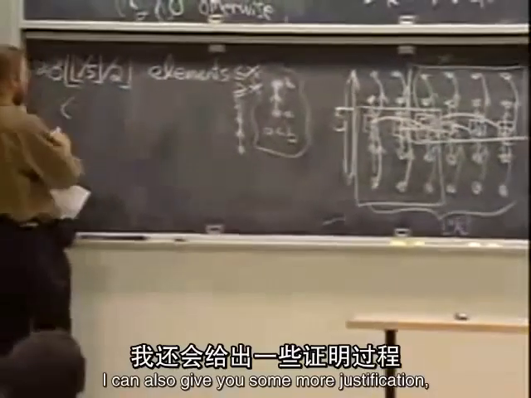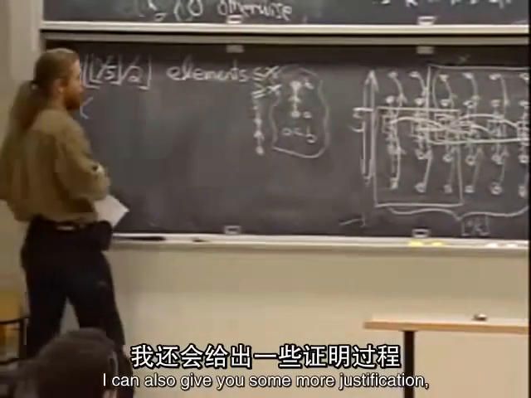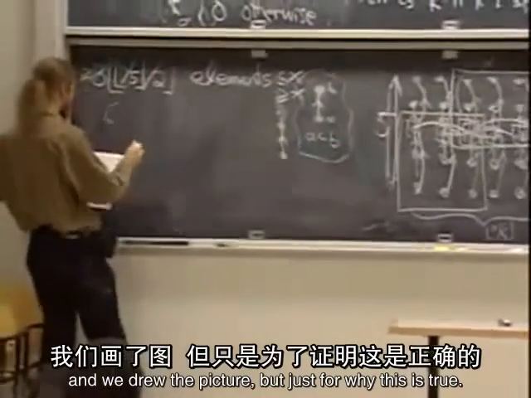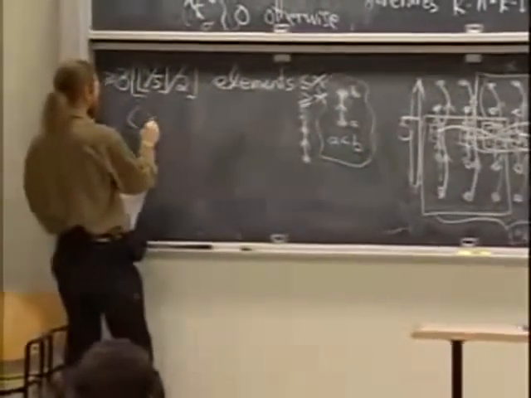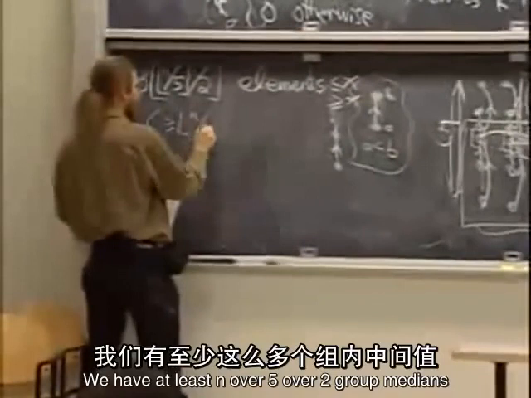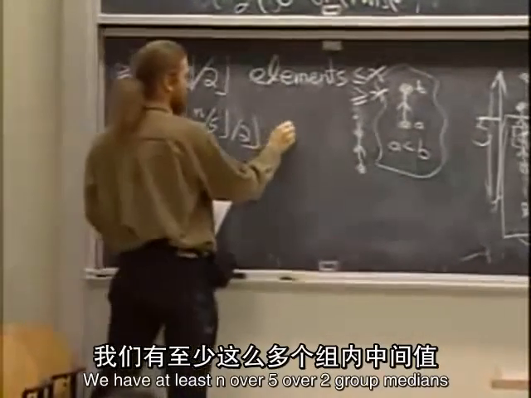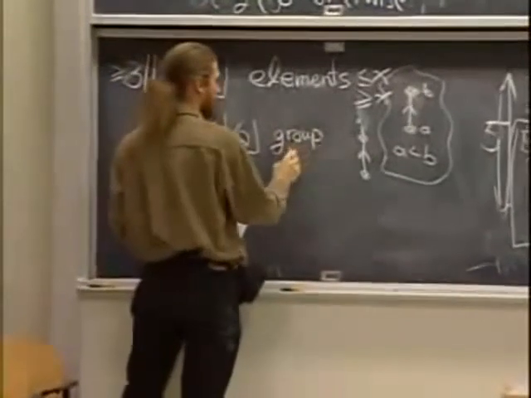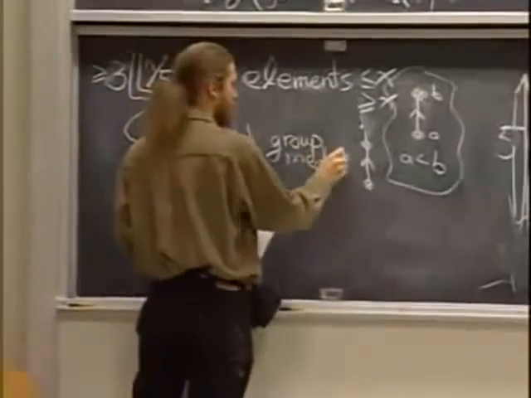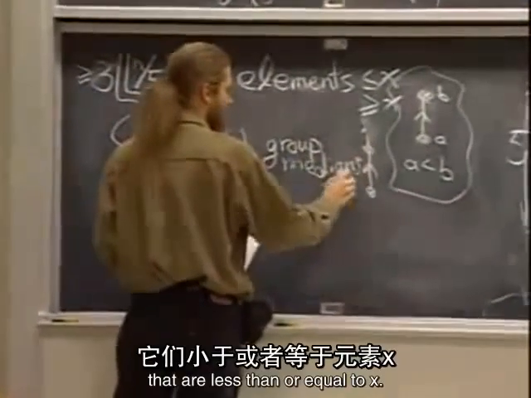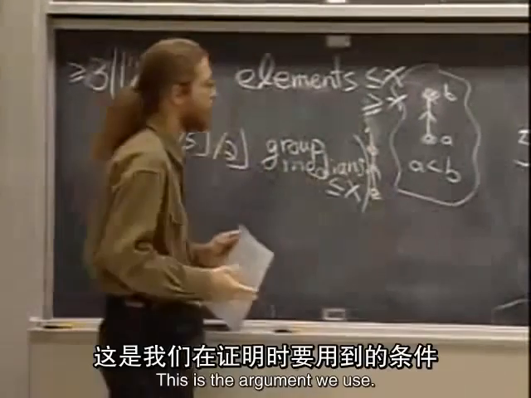Okay, I can also give you some more justification, and we drew the picture, but just for why this is true. We have at least n over 5 over 2 group medians that are less than or equal to x. Okay, this is the argument we used.